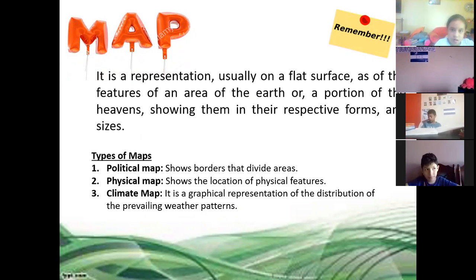Physical map shows the locations of physical features like landforms and bodies of water, remember? And a climate map. It is a graphical representation of the distribution of the prevailing weather pattern, a pattern that stays the same for a long period of time.